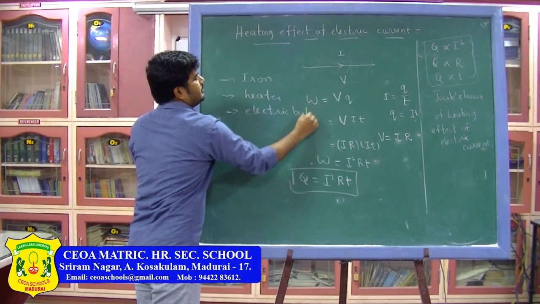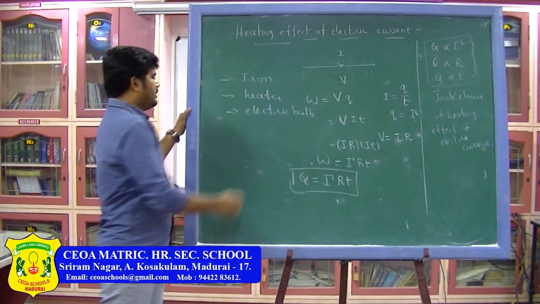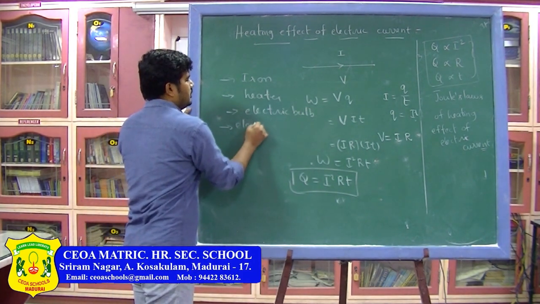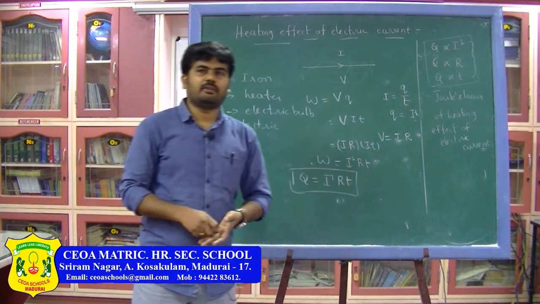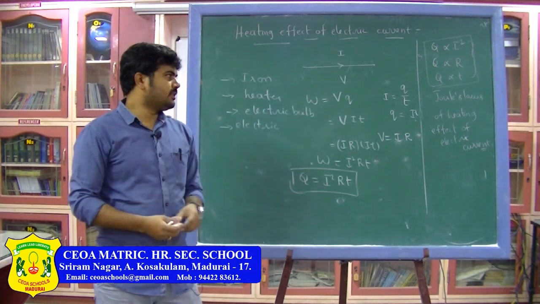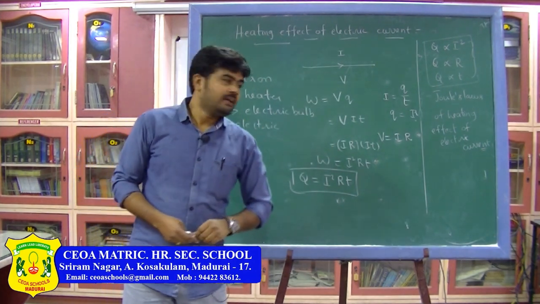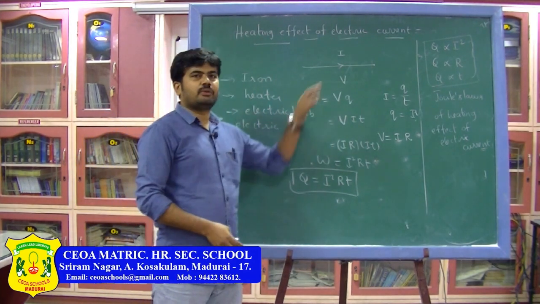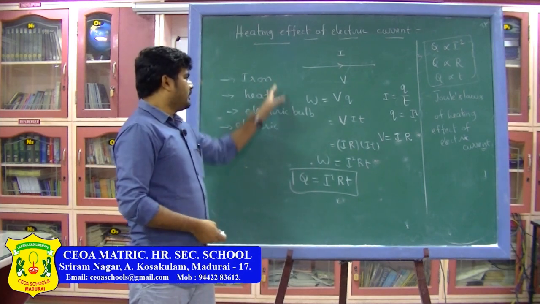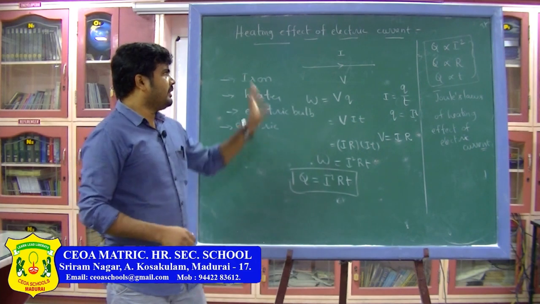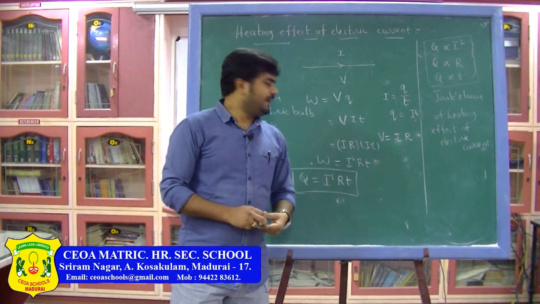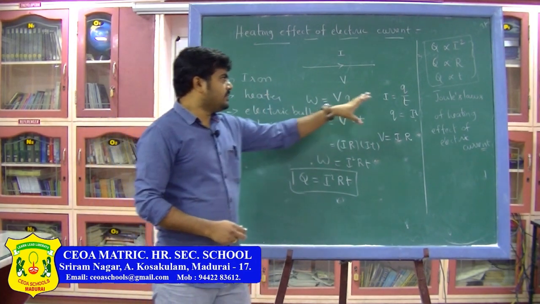Then another one is electric stove. So, all these electrical appliances work based on this particular Joule's laws of heating effect of electric current, where electrical energy converts into heat energy. So, in all the cases, that is the heating effect of electric current. So, this is the concept.